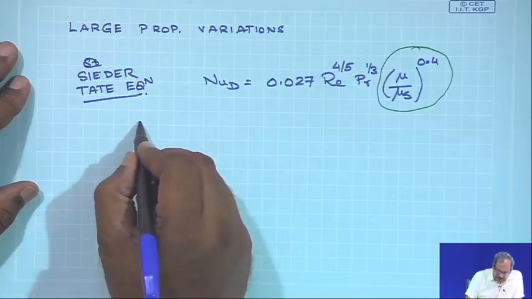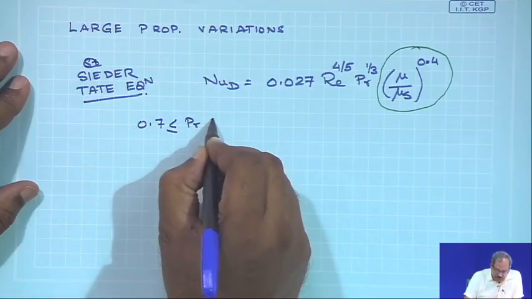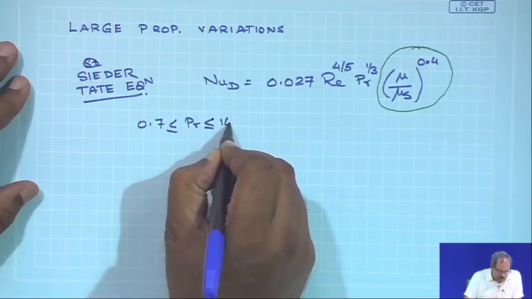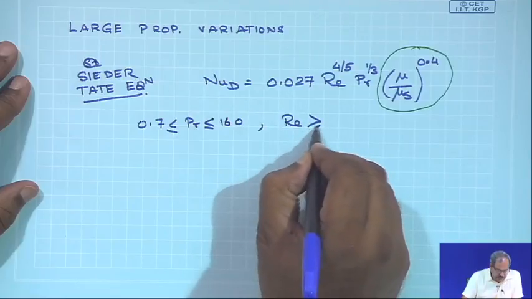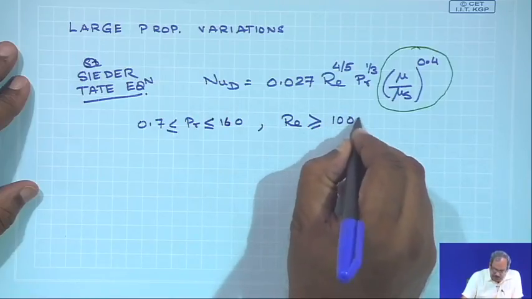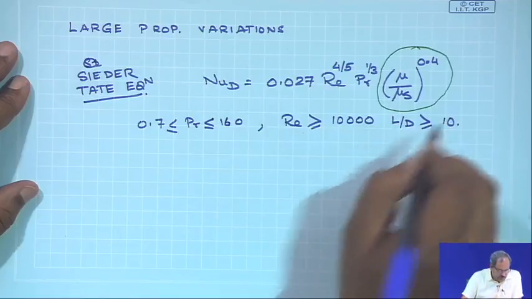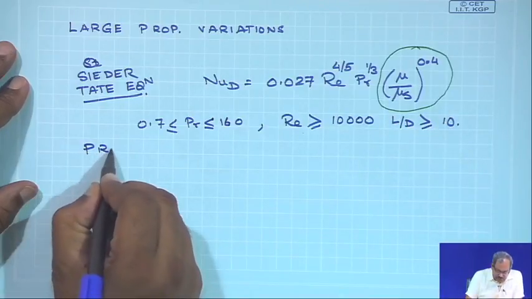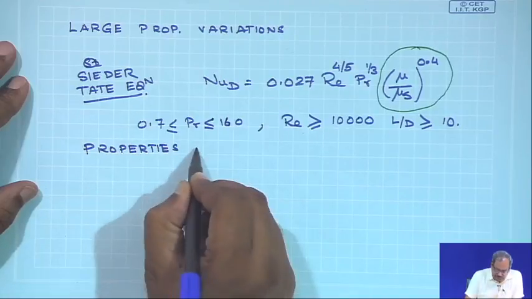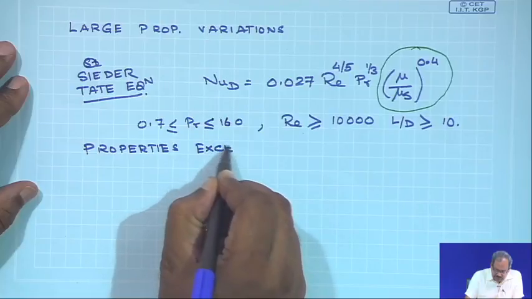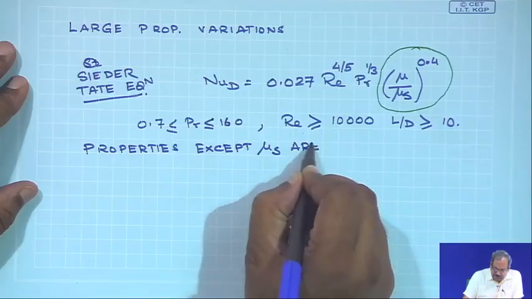So, this again has an applicable limit of Prandtl number between 0.7 and 160. The Reynolds number has to be greater than or equal to 10,000 and L by D is greater than 10. So, properties except mu s are evaluated at Tm.